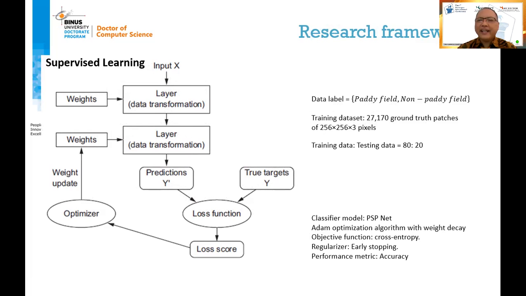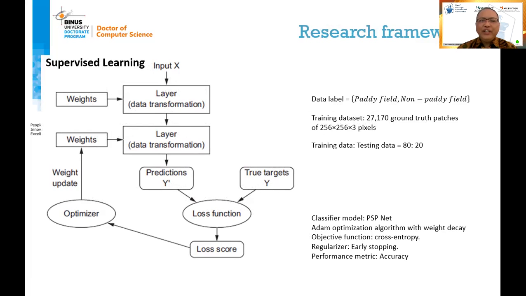The training data set consists of 27,170 ground truth patches of 256 by 256 by 3 pixels each. In training the model, we split the input data into two parts. First is the training data set, comprising 80% of the total input data, and the testing data comprises 20% of the input data.